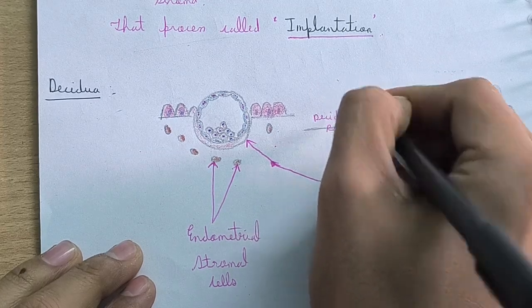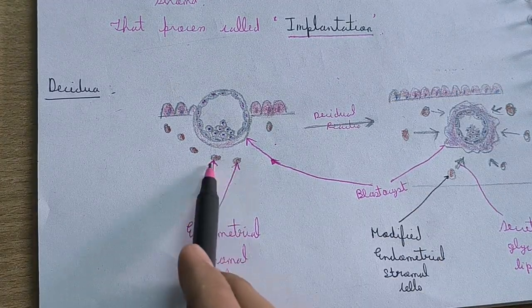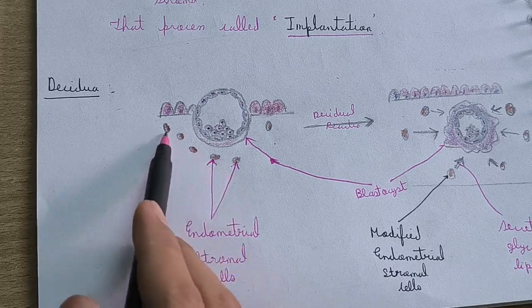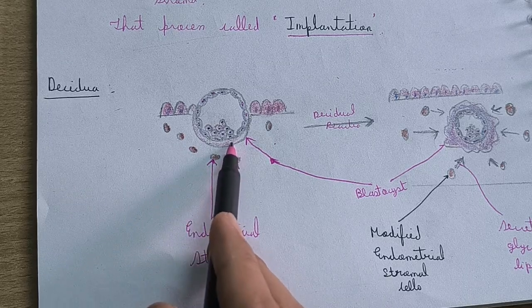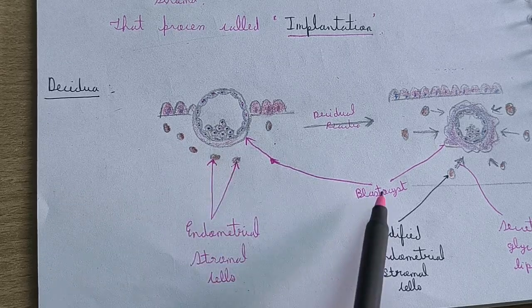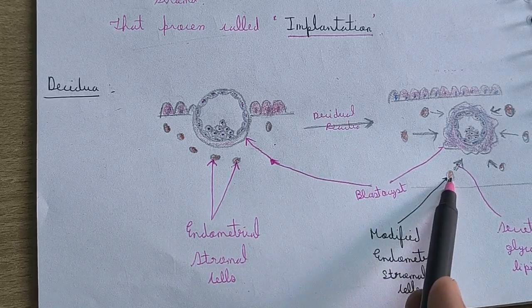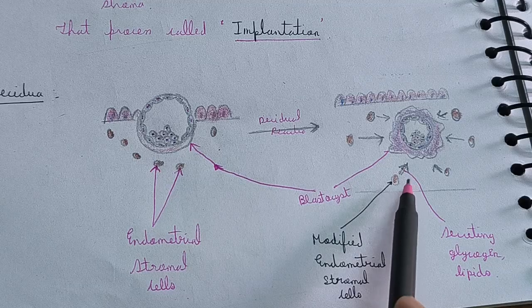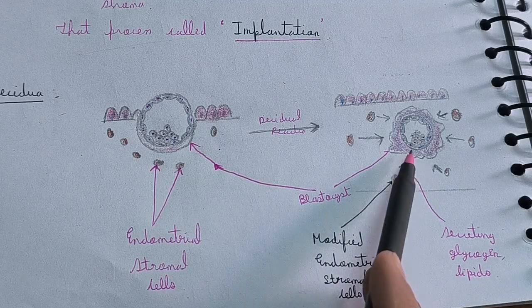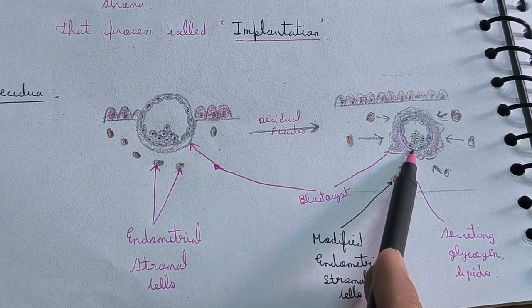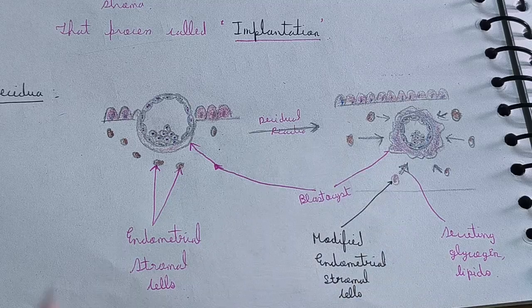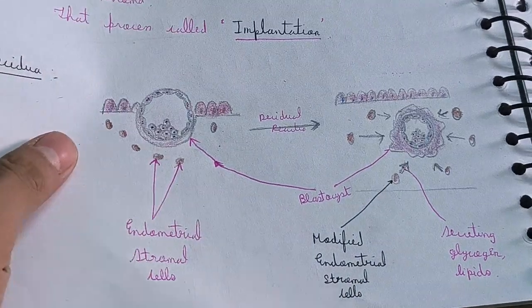Before the decidual reaction, these endometrial stromal cells are not modified to secrete nutrition for the developing embryo, but through the decidual reaction, all the endometrial stromal cells secrete nutrition like glycogen and lipids for the developing embryo or for the blastocyst, and that reaction is known as the decidual reaction.